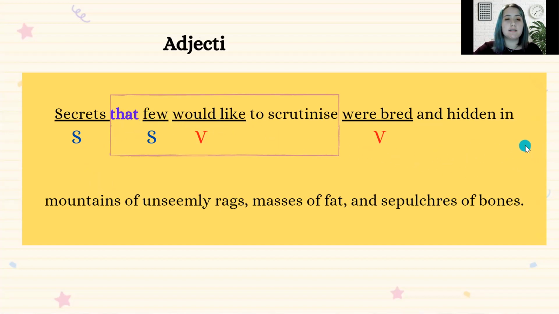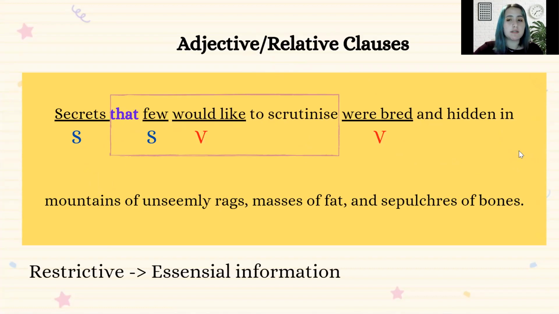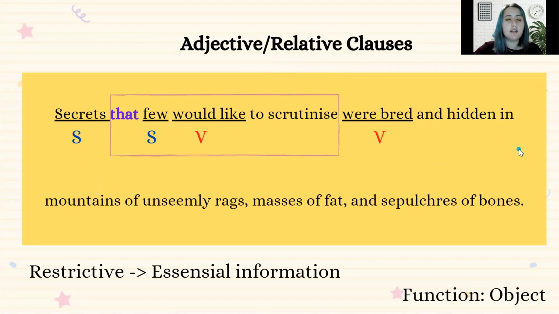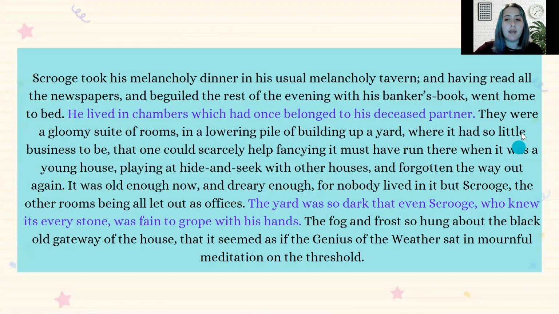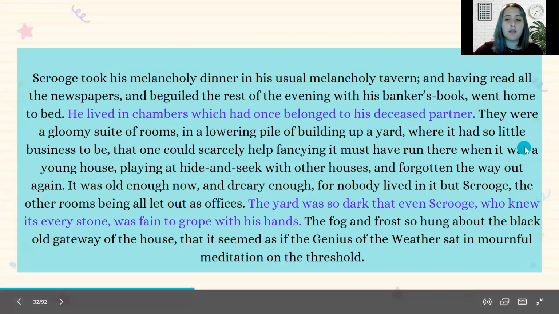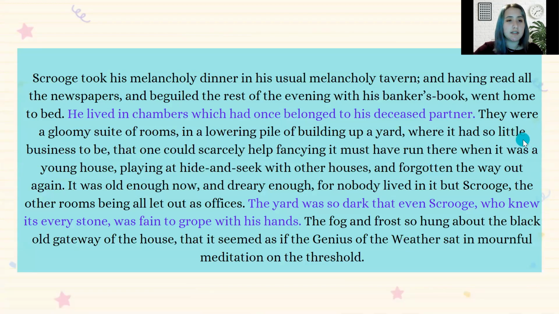That tells us that this is a relative clause because it's modifying a noun. We can also say that it's restrictive because it gives us essential information, and the function is of an object.